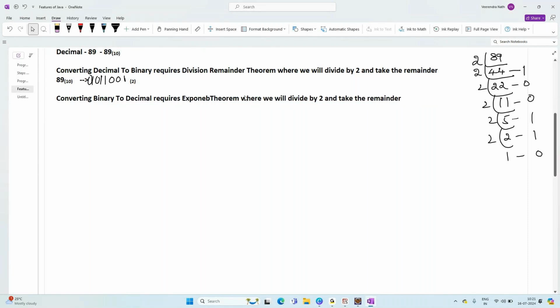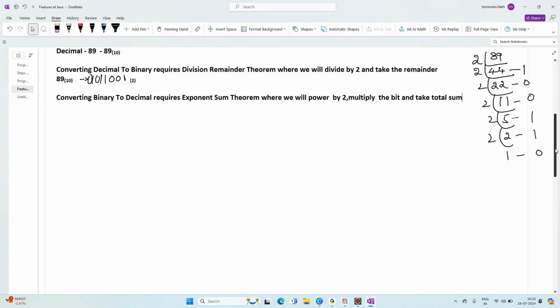In it you take the power of 2, multiply by the bit, and take the total sum.